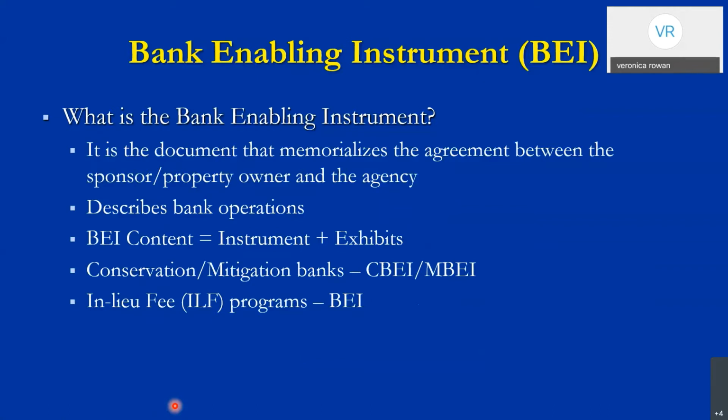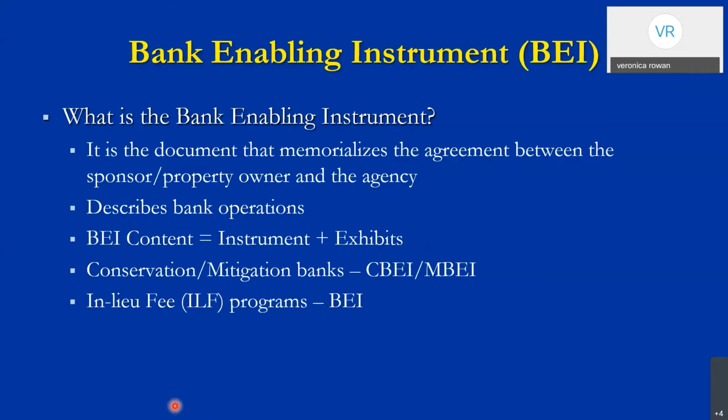So we want to be able to understand what the terms are and what it all means when it gets put together. The BEI, and I call it the BEI for simplicity, but we call them CBEA or MBEA, Conservation Bank Enabling Agreement or Mitigation Bank Enabling Agreement.